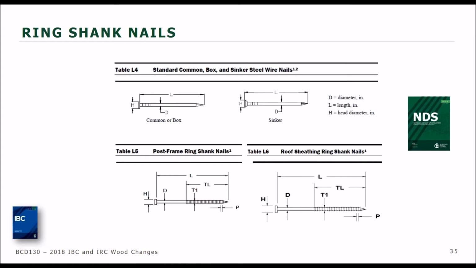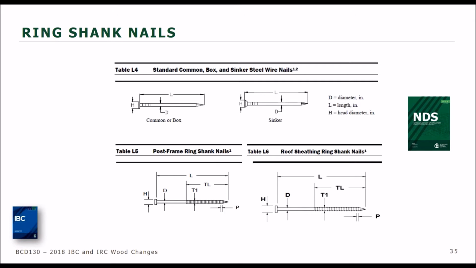Now, the 2018 NDS has been referenced in the IBC, and one of the major changes that have occurred in the 2018 NDS, as well as the Wood Frame Construction Manual, has to do with the significant increase in components and cladding roof wind pressures per ASCE 7-16.